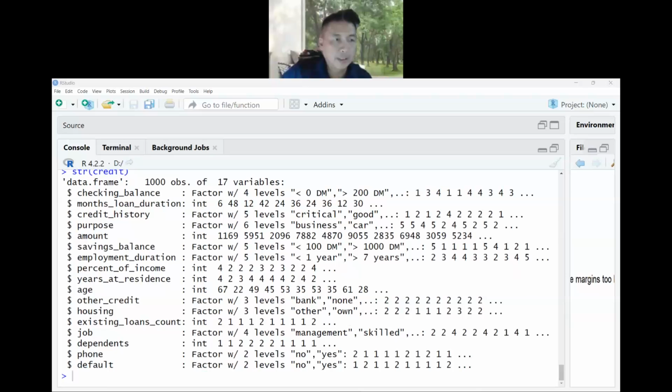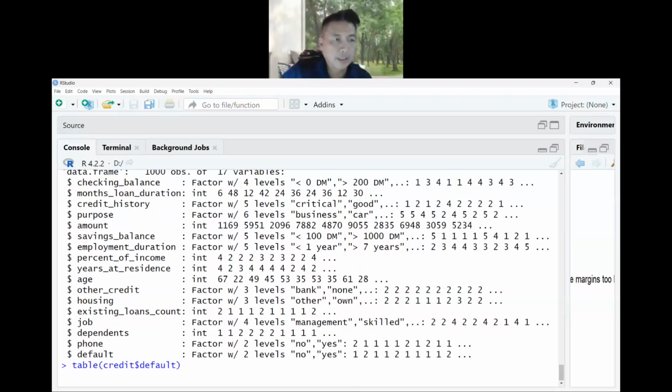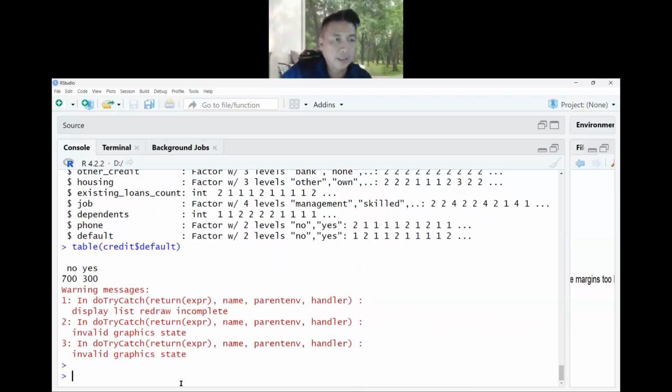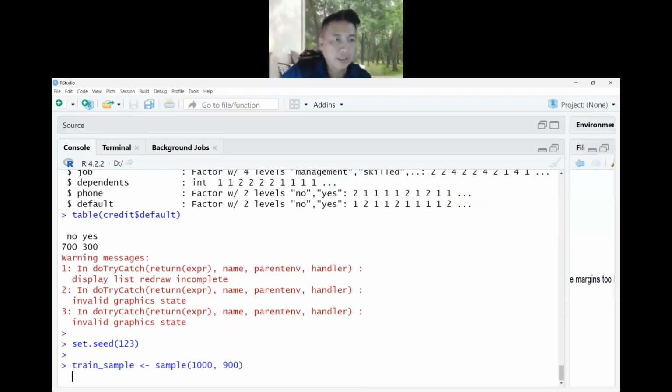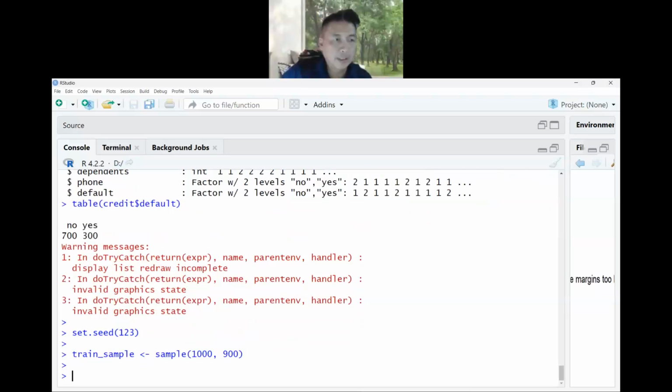Okay, so next let's take a look at the sample, the percentage of distribution we have. So we have no 700 and yes 300. And then we do the sampling. From the 1,000 samples that we have, I will only select 900.